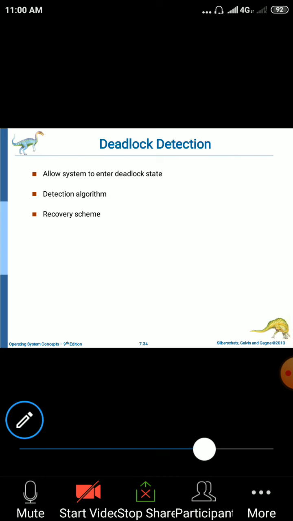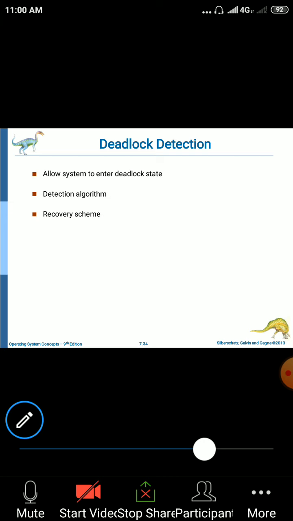Okay, the next topic is deadlock detection. In the previous classes, you studied the deadlock avoidance and deadlock prevention algorithms. If no deadlock prevention or deadlock avoidance algorithm is employed, then the system may result in a deadlock situation.